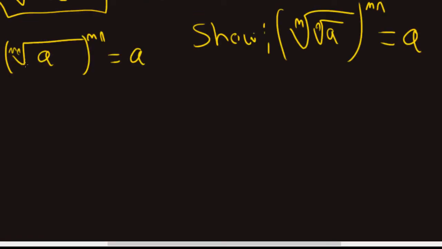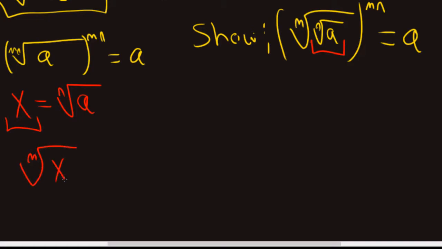I'm going to say that x is equal to the nth root of A. So I'm going to substitute x in with the nth root of A. So instead we're just going to have the mth root of x. And now let's take that and raise it to the power of mn, or m times n.